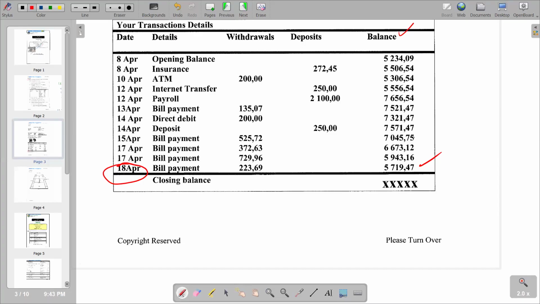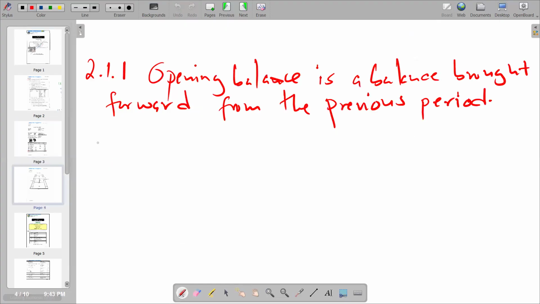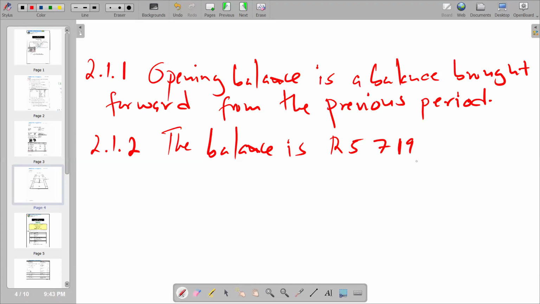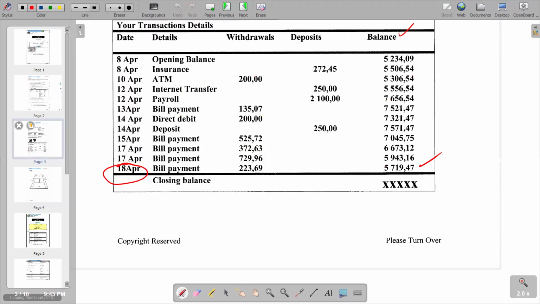So this is the balance that we represent as the answer to our second part, 2.1.2.